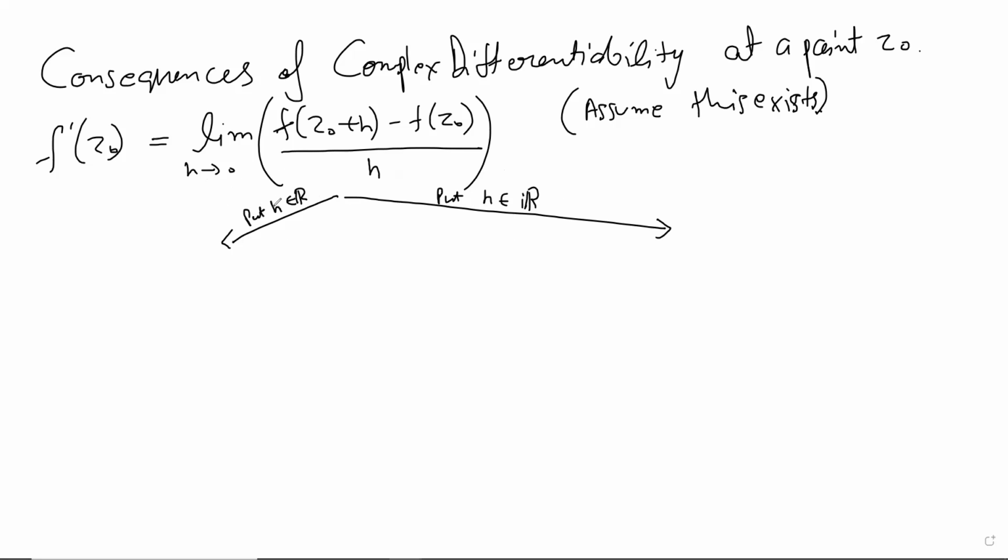Okay. So if you put h equal to real, then what do you get? That is a real question, right? So what should we get? One can make guesses here. It's not difficult, but let's write out everything in detail.